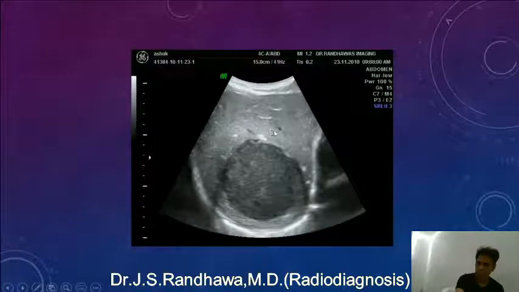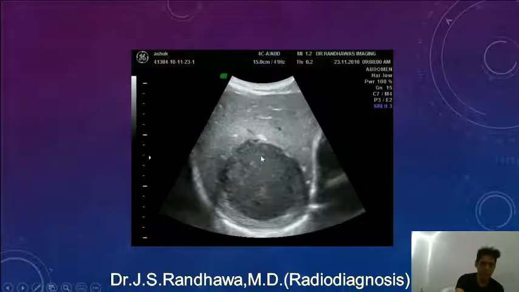Since we are not seeing the gallbladder, this is probably a section of the liver superiorly. There is a clue that this is a superior section, and the clue is this portion. This is some part of the heart which is in the view, which means the section is superior. So we know that this is a superior section.